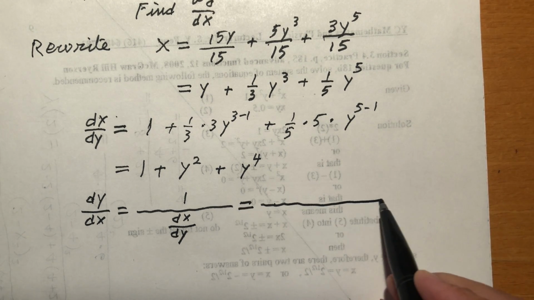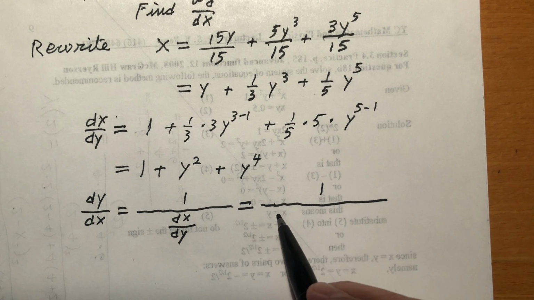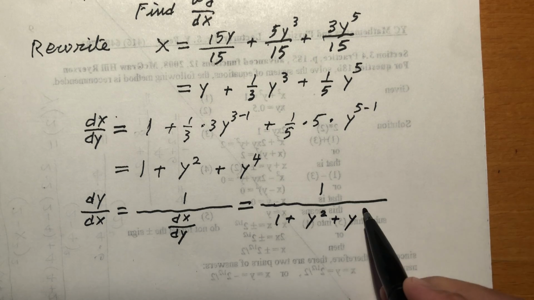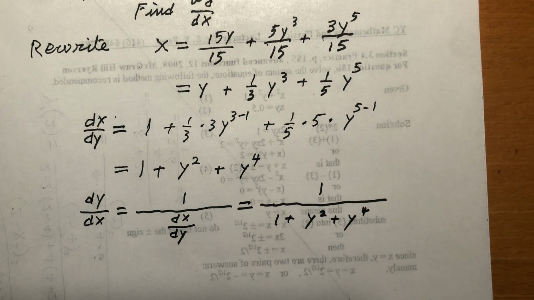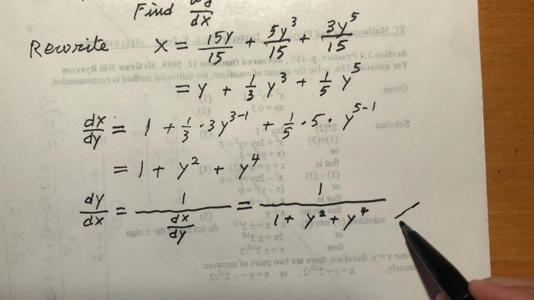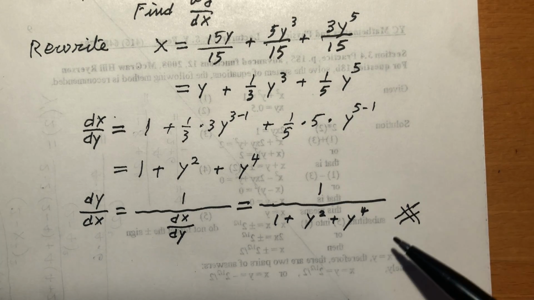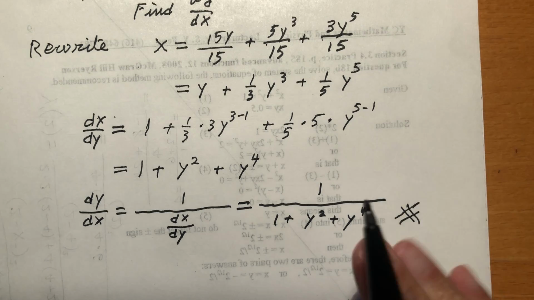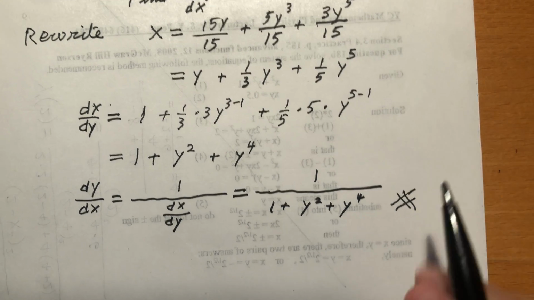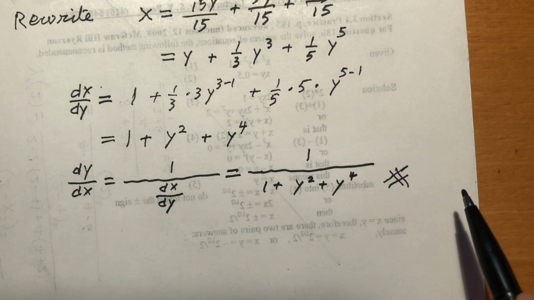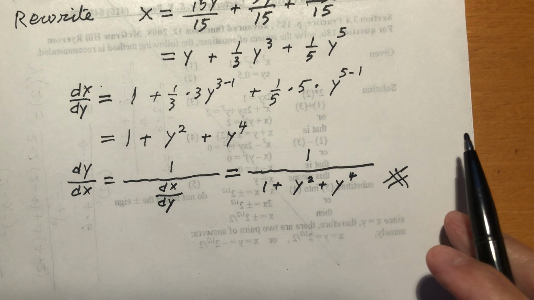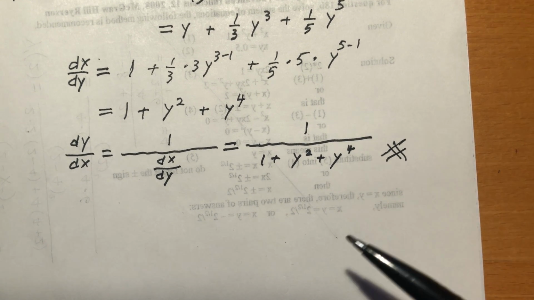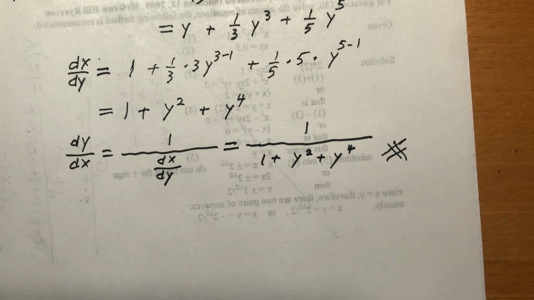Then I have 1 over this, and this is my answer. Don't worry about that the right-hand side has y. Okay, this is our answer. So that's all we need to know for the inverse function.